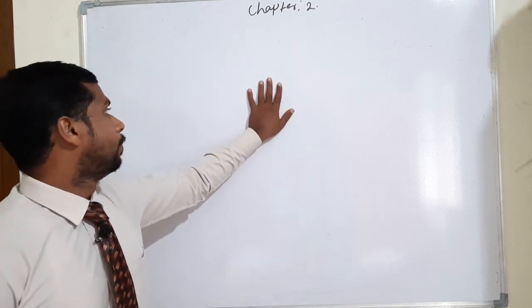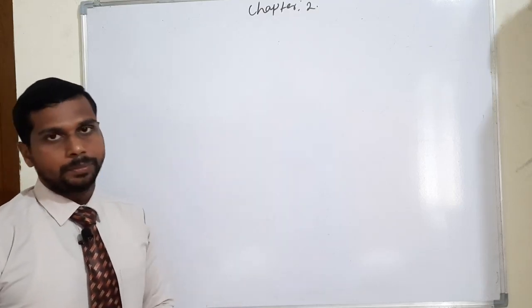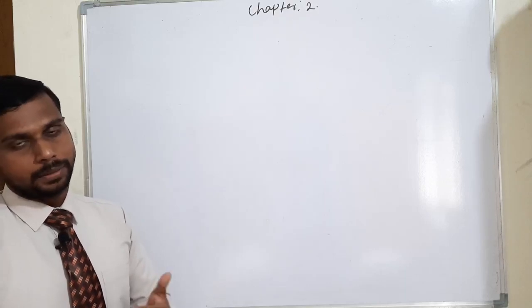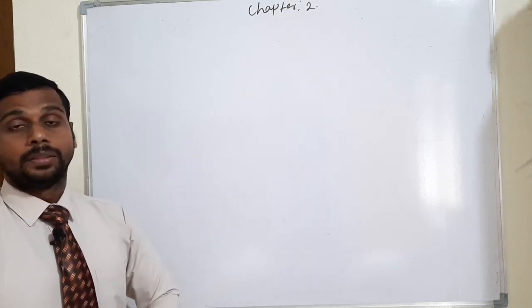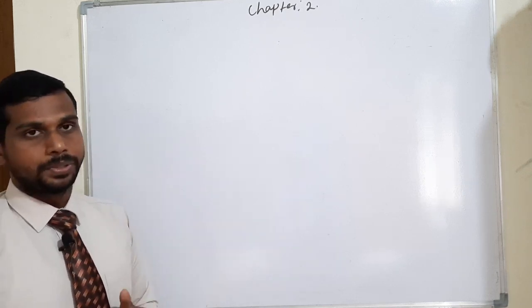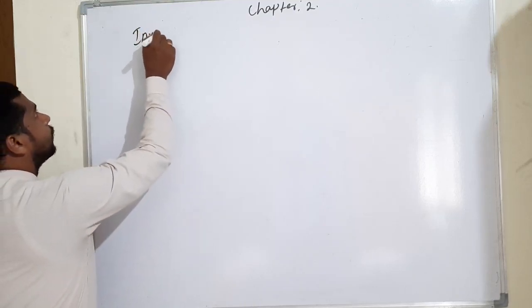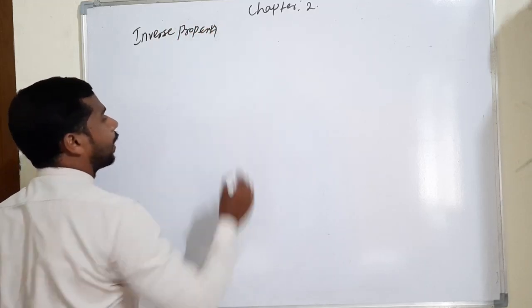Now moving to the continuation of concepts. I already completed the basic concept and part 2, where we discussed some types of complex numbers and then properties of complex numbers. This is also a continuation of properties: the inverse property. We have 2 types of inverse.